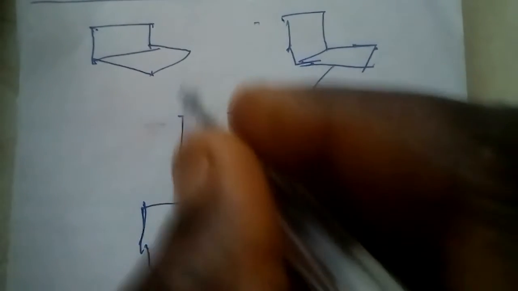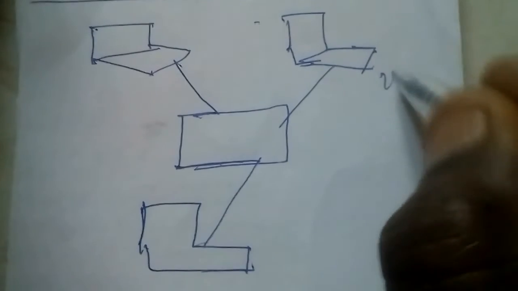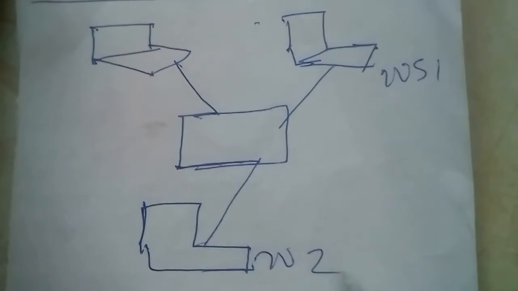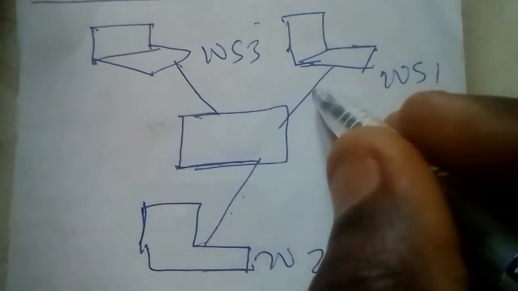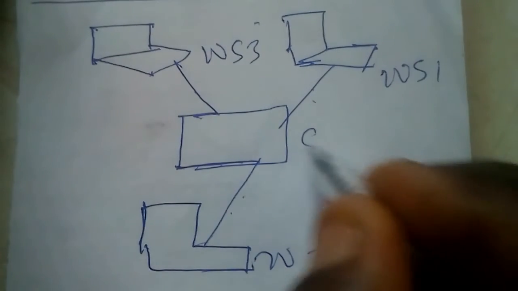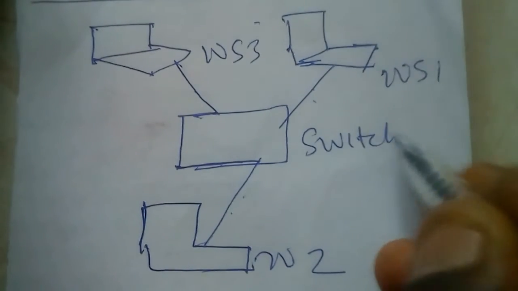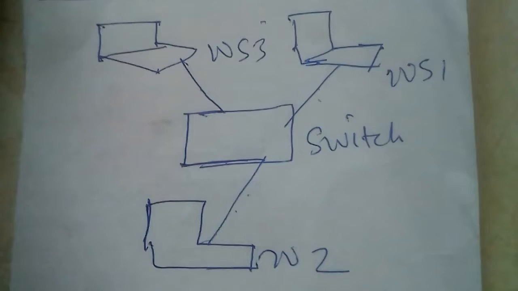So this is workstation 1, workstation 2, workstation 3, and these are the connection cables to the switch so that they can communicate among themselves.